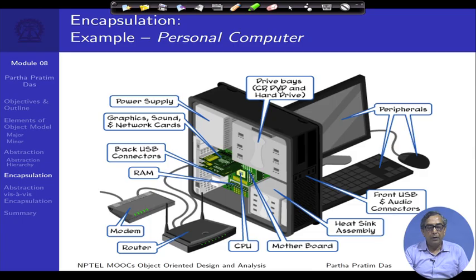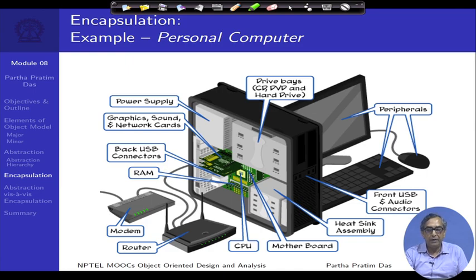This is a more concrete example of opening up a personal computer, and I am sure all of us have had experience of looking into that. You find that there is an outer cover, which is the outer encapsulation, and which exposes only a few of the inner usabilities.